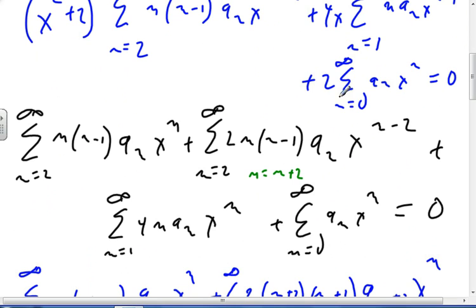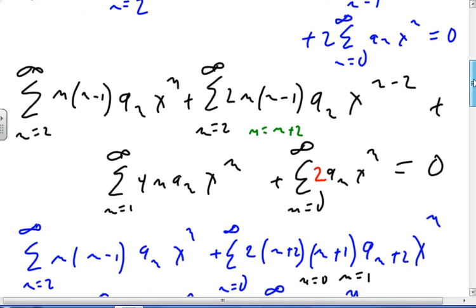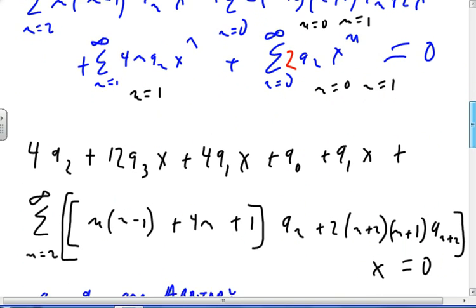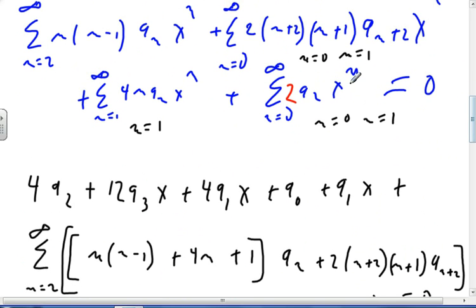And right here, see this 2 sitting right here? You notice there's not a 2 there, and they're supposed to be. When I take the n equal to 0 term out, there's going to be a 2 there.